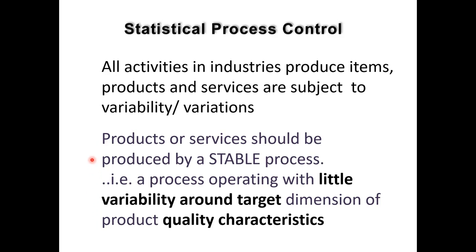So the key point here is, in order for product or services to be of good quality, they should be produced by a stable process. A stable process is basically a process which operates with the minimum variation around the mean target, around the nominal value. Normally the target here is the mean value of the quality characteristic to be produced.